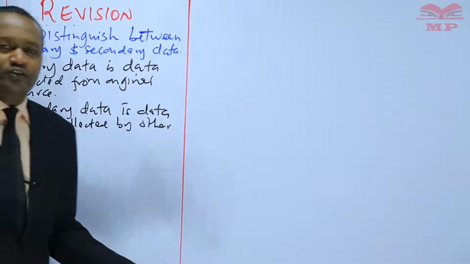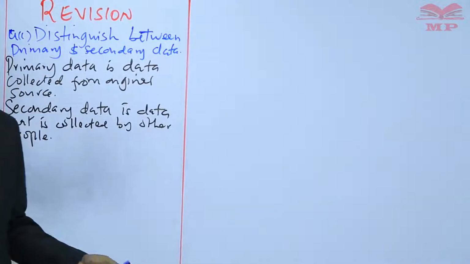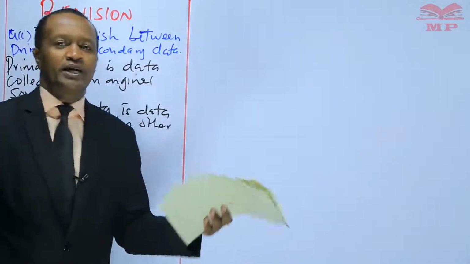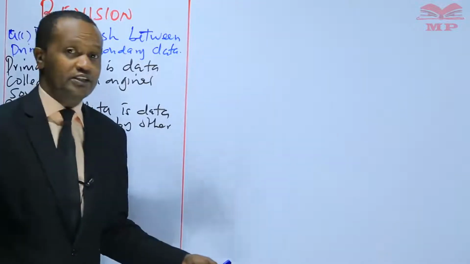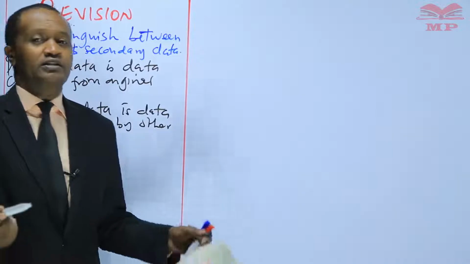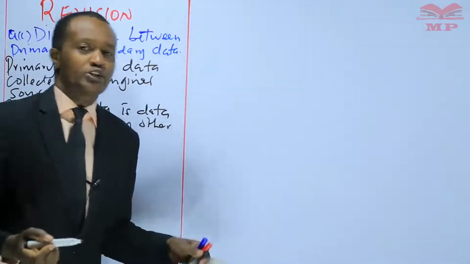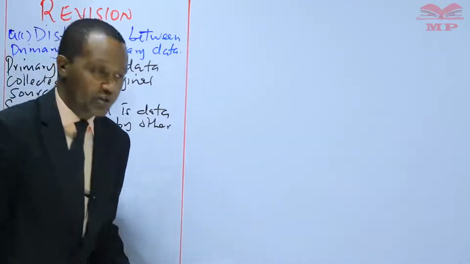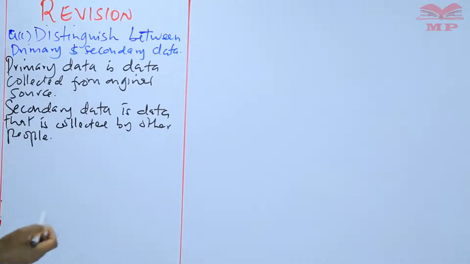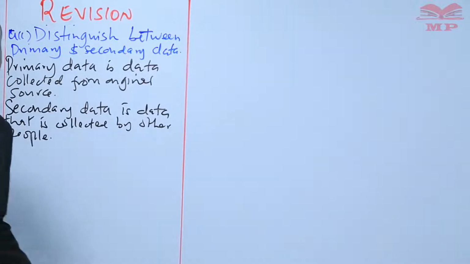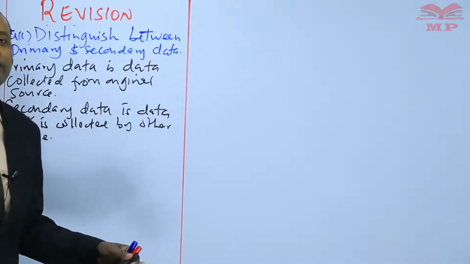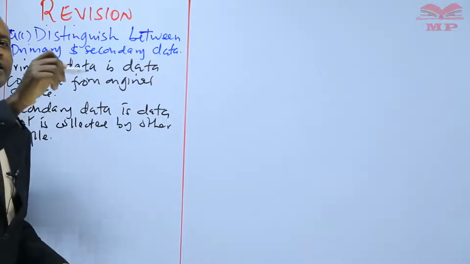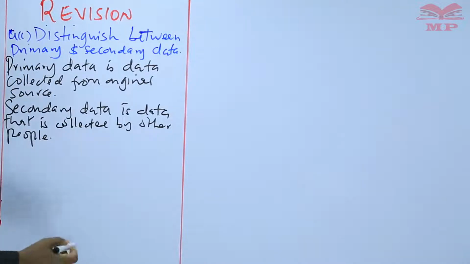You can also collect data from published sources like newspapers, magazines, the television, and other devices. The data that is collected from other persons is what we are referring to as secondary data. It is data that is collected and analyzed by other people, and it is obtained from published or unpublished sources.